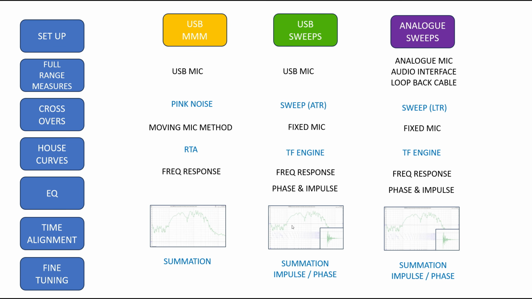And not only do you get your frequency response, but you also get your impulse response and phase information, which means when you come to do time alignment, you can not only do tape measure and summation methods, but you can use impulse and phase alignment to do your time alignments.